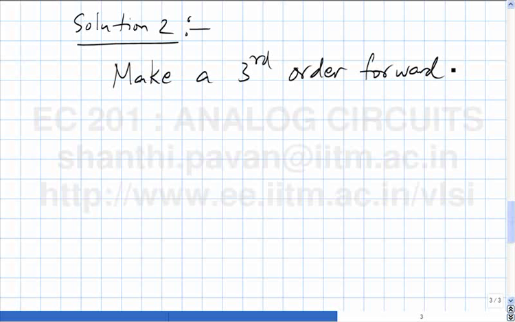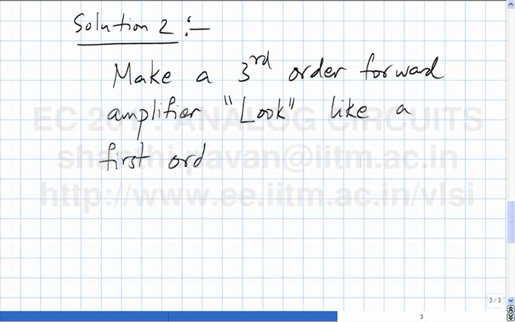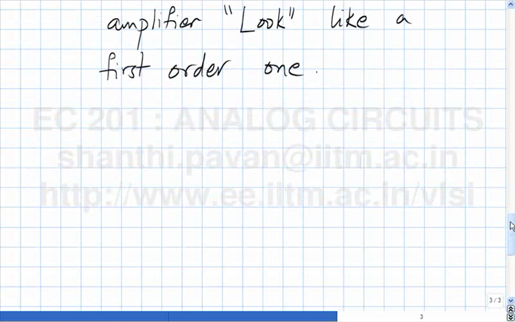The basic idea is, let's try and make the third order power amplifier look like a first order. So how do you think I can accomplish this? The third order system we had originally was A0 times 1 plus S by omega P, the whole cube.